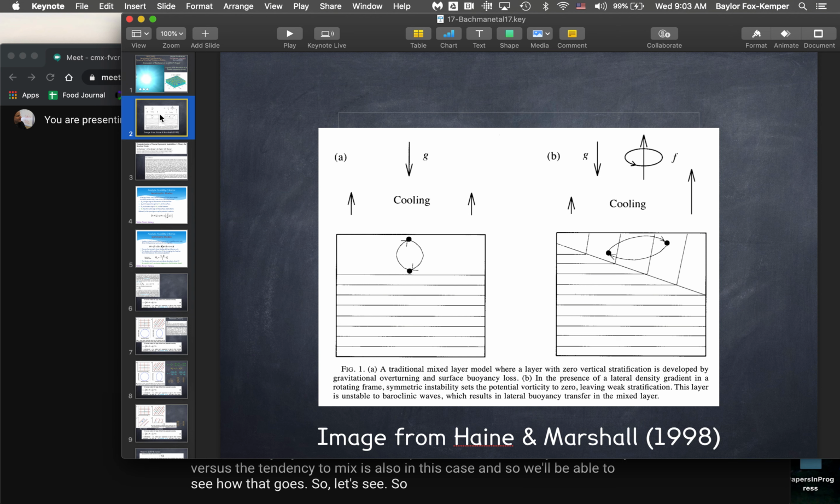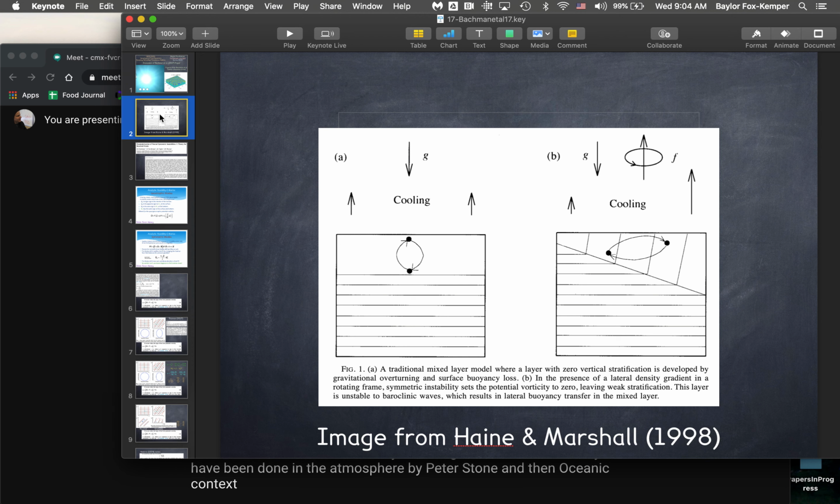So the key distinction here is a really groundbreaking paper from Tom Haney and John Marshall in the late 90s. They opened the door onto a lot of this stuff by revisiting some of the old theory that had been done in the atmosphere by Peter Stone in an oceanic context.